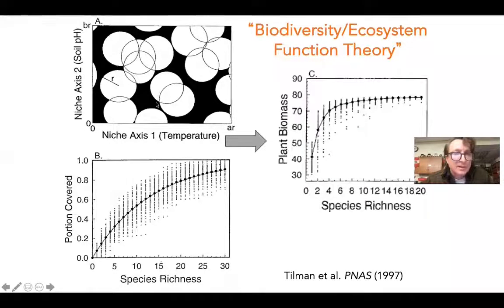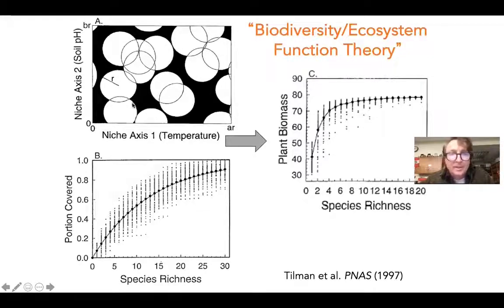Hopefully everybody can see my cursor here. Each of these circles is a species in niche space, and this niche space is given by differences in temperature, going from low to high temperature, and differences in soil pH. So you can imagine different species specializing in different temperature and soil pH.